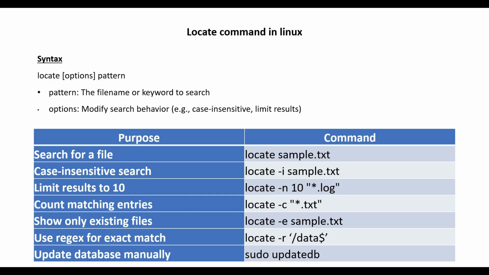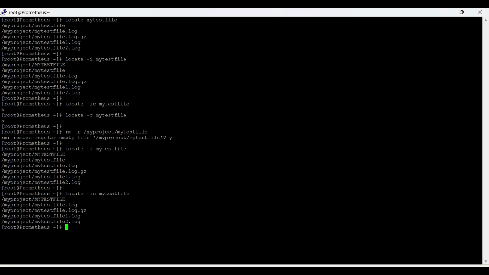Okay, next we have -r. By using -r, we could run some regex command. Regex, you know that regex in the sense wildcard. If you use wildcard star, something like that, correct? Say for example, I want to locate every file of type star dot log.